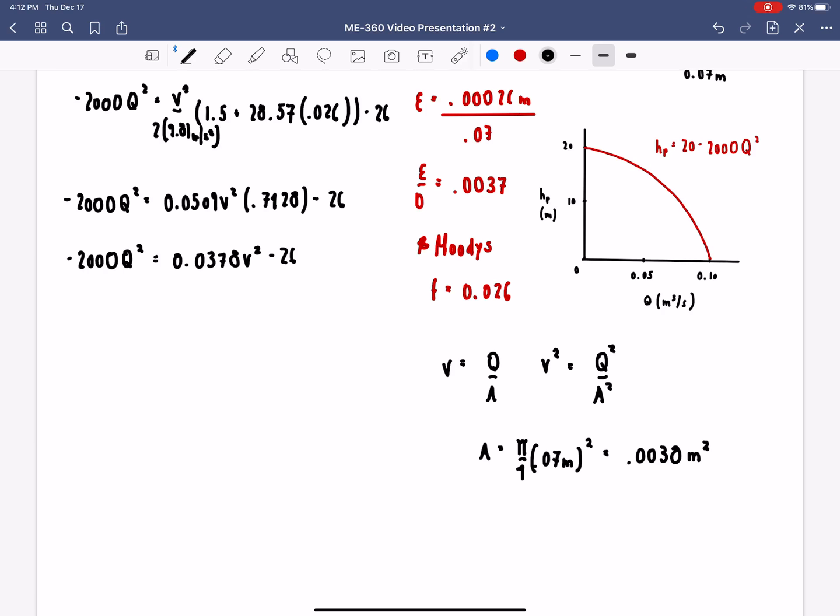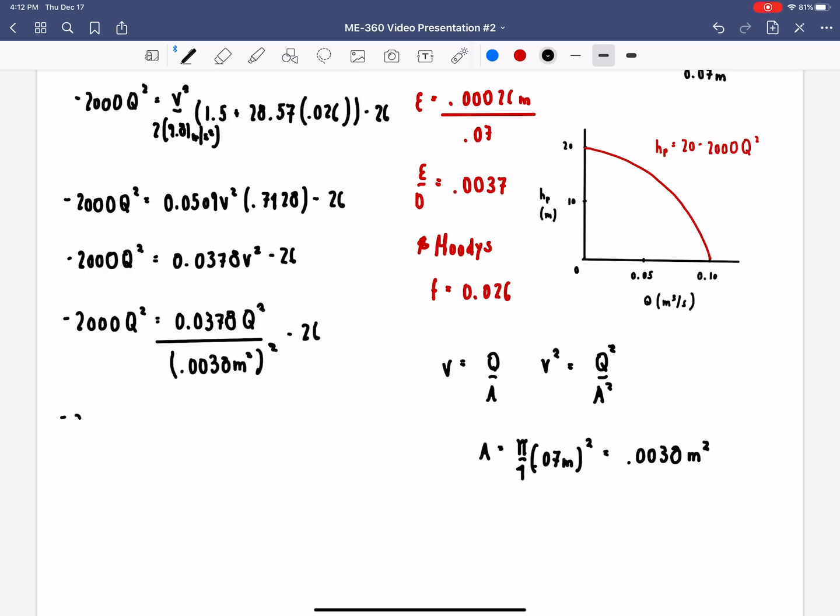And plugging this back into our equation, it is equal to 0.00378 Q squared divided by 0.0038 meters squared minus 26.